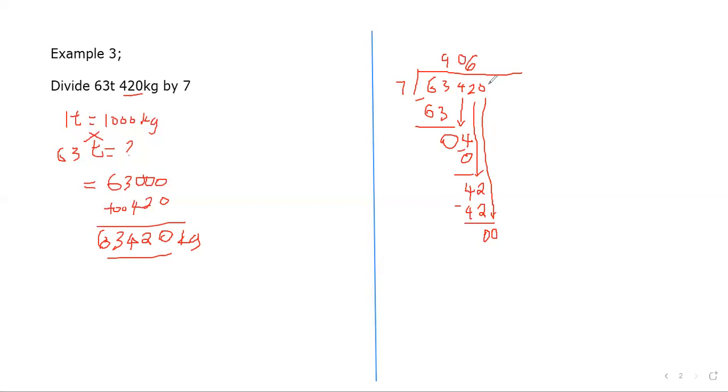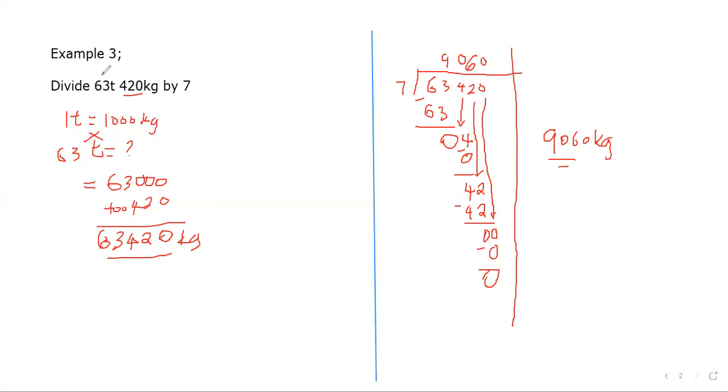If I multiply by 7, I'm going to get 0. And that number is 0. So I'm going to write it up here, because 0 times 7 is 0, and find the difference, which is 0, because 0 minus 0 is 0. So it means my answer will be 9,060 kilograms.